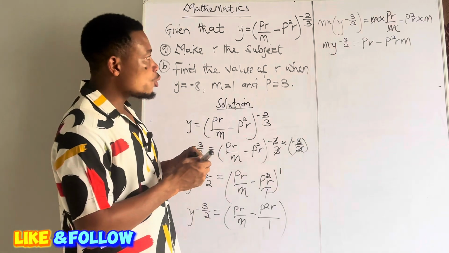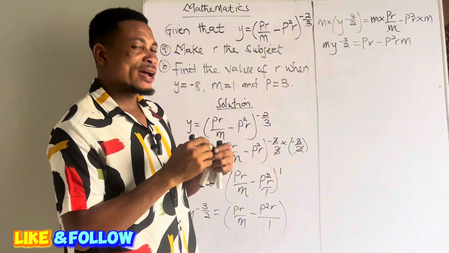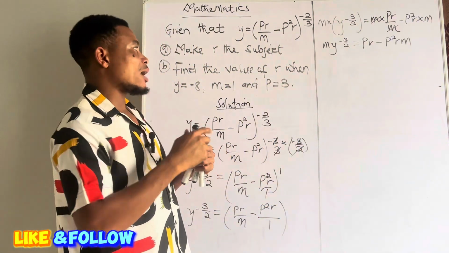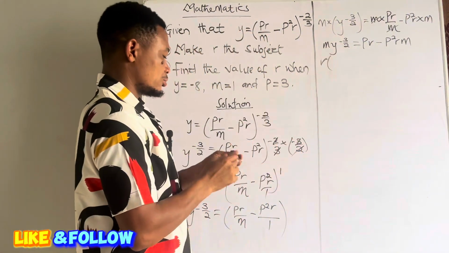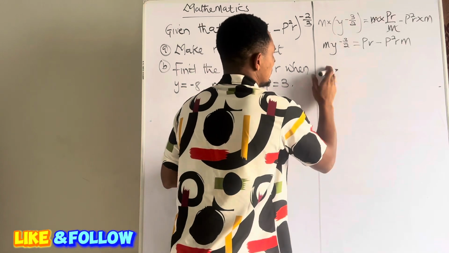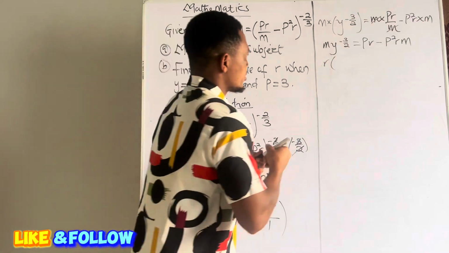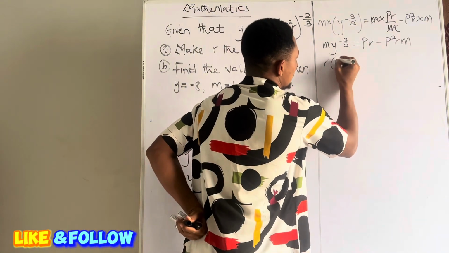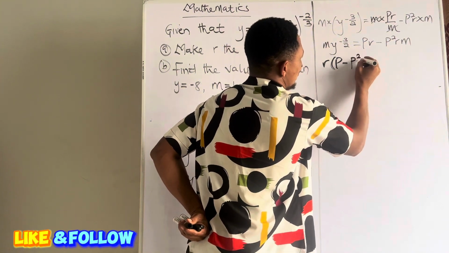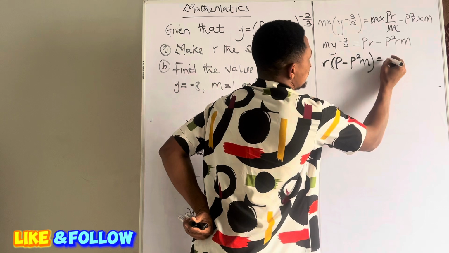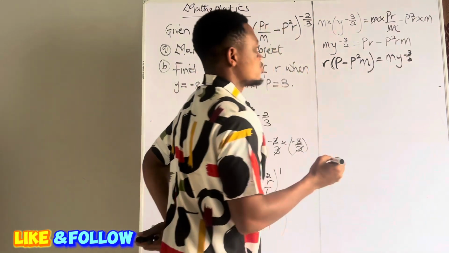So let me rewrite it. We need to factorize r out. So we have r out, then we have p minus p square m is equal to m y to the exponent negative 3 over 2.